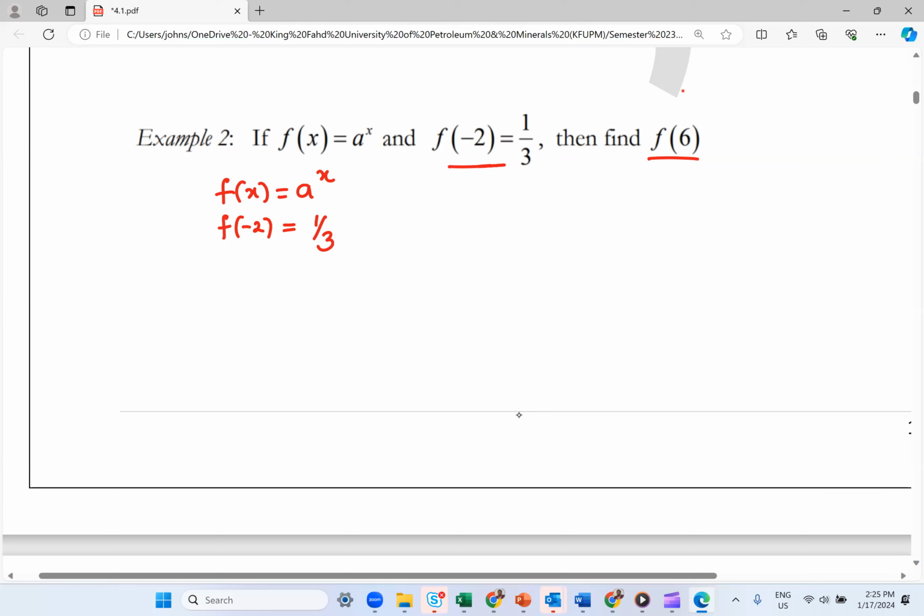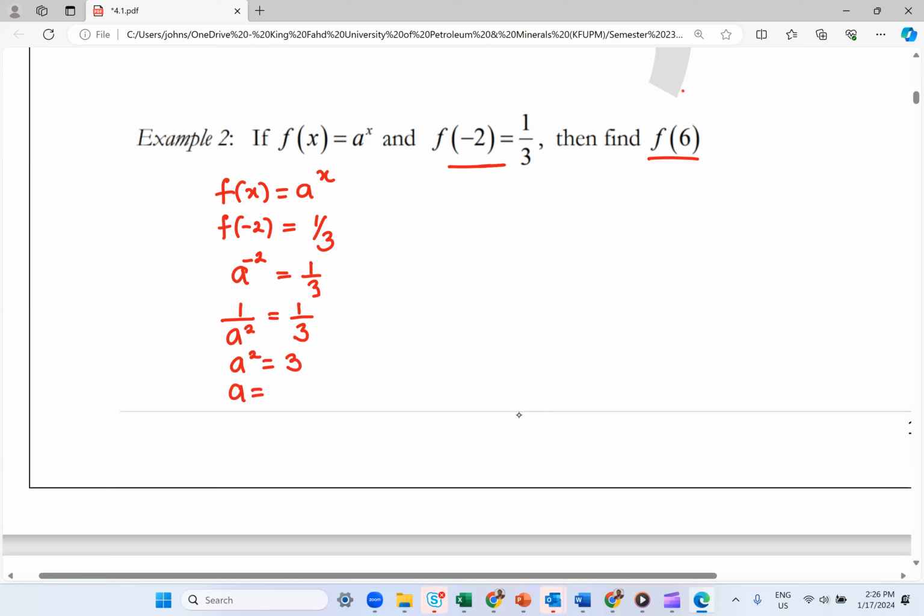So what is f of minus 2? Using this function, this will just be a to power minus 2, and this is going to be 1 over 3. So here we can write it as 1 over a squared is equals to 1 over 3. And this simply means that a squared is equals to 3.